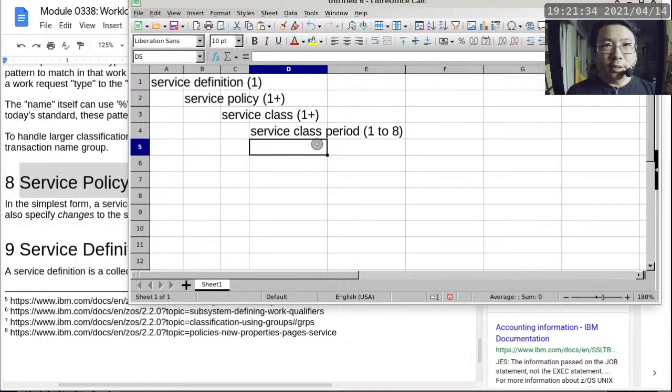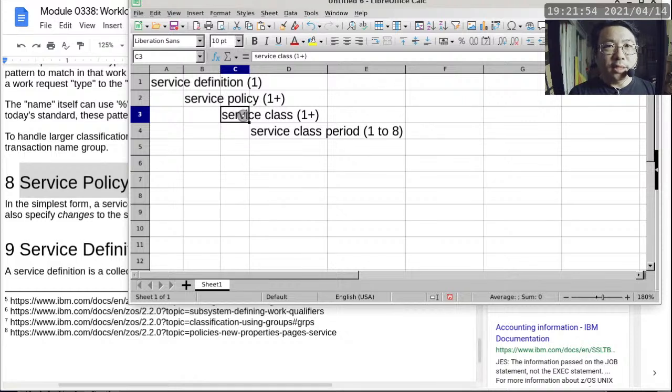So is that giving you a better idea of how these different concepts nest within each other? Yes. So there's no specific name for surface class periods because they are subcomponents of surface class.